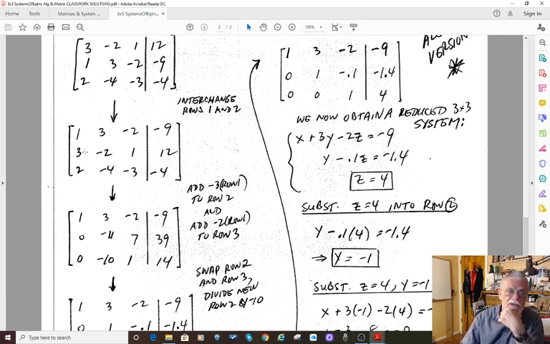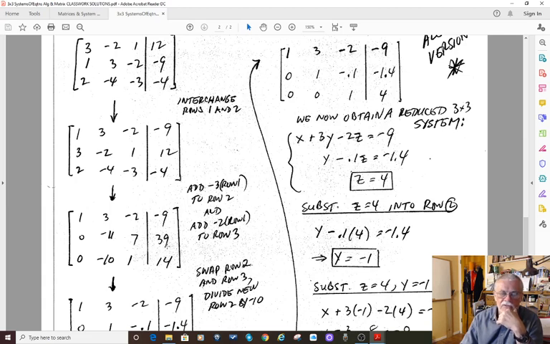So I'm going to multiply the top equation by -3 and add it to the second equation. So -3 times 1 is -3, add it to here, 0. -3 times 3 is -9, add it to -2, -11. -3 times -2 is 6, add it to 1 is 7. -3 times -9 is 27. 27 and 12 is 39.